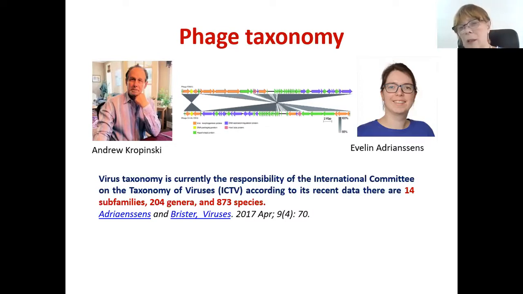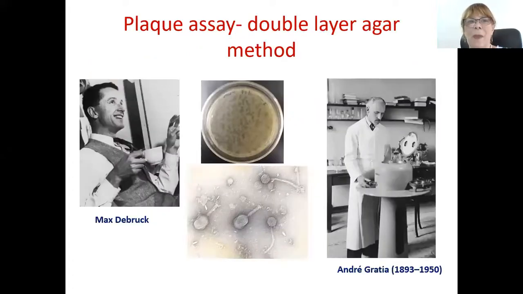Today, Evelyn Andreasen is the head of this committee, and every year it is updated. The details are updated, and probably there are more subfamilies, more genera, and more species today.